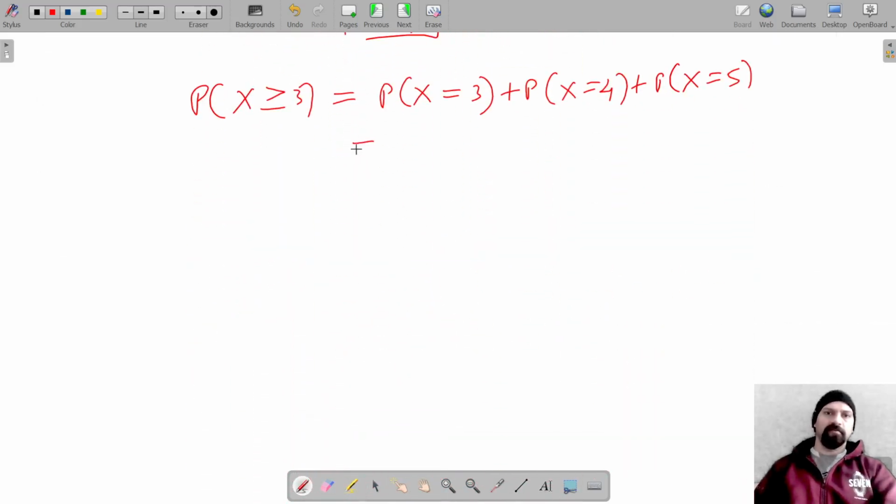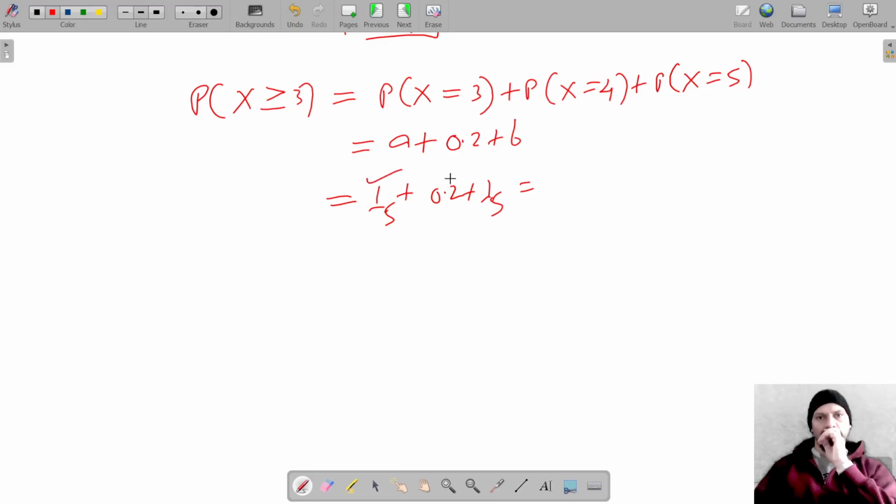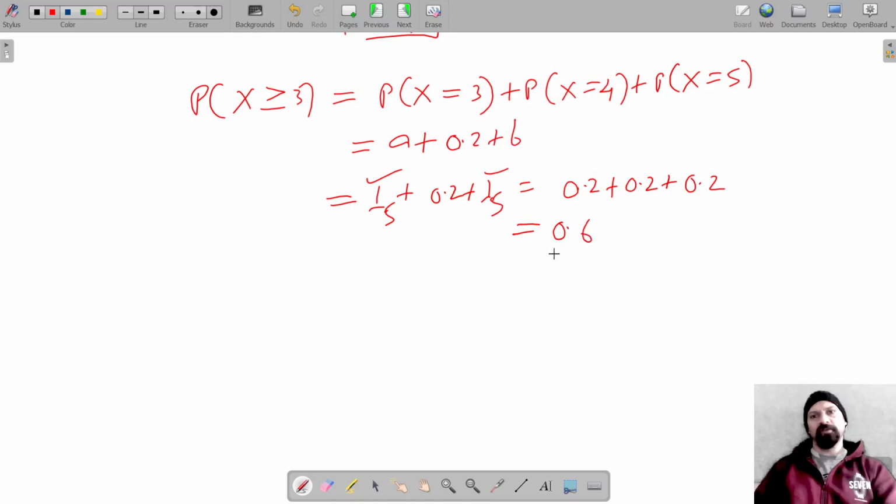So this is equal to a plus 0.2 plus b from the table. A is 1 by 5, 0.2, and b is also 1 by 5. 1 by 5 is 0.2. So this is 0.2 plus 0.2 plus 0.2, which gives me 0.6. So this is the probability when the random variable has a value x greater than or equal to 3.